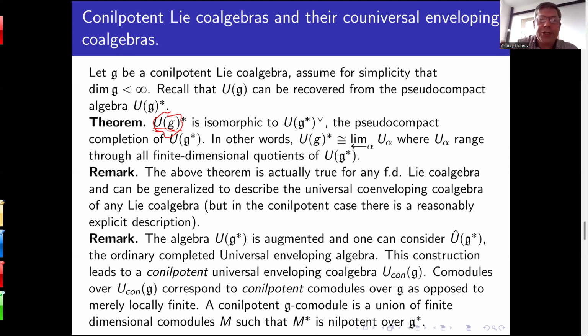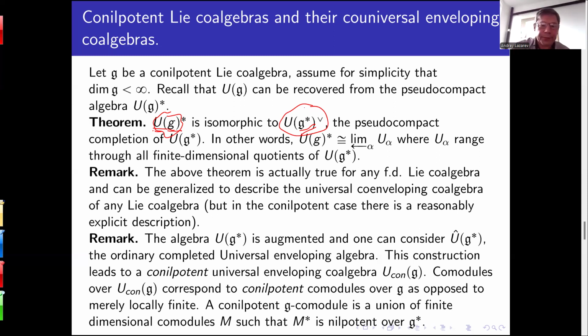We take G star, that's just an ordinary Lie algebra. We take its universal enveloping algebra, and then we pseudo-compactly complete it. What that means is we take this algebra and we take the inverse limit of all its finite dimensional quotients.